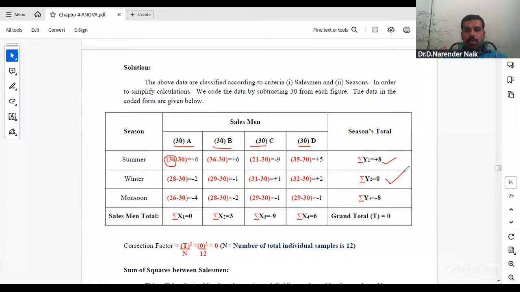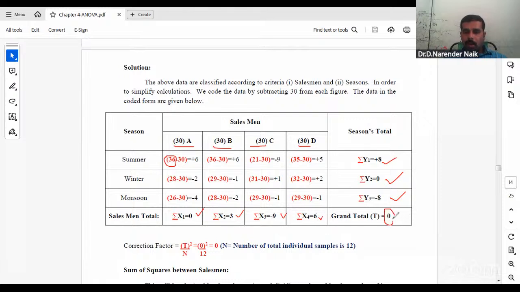Okay. So this is 0. This is minus 8. Okay. The next one, this also. See, plus 6 and minus 6, 0. Plus 6 minus 3, that is we got 3. Minus 9, plus 1, and minus, this is 9. And then grand total is 0.